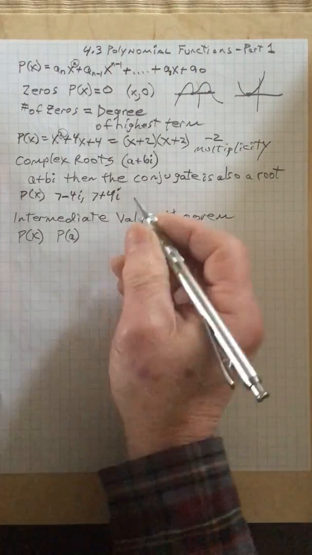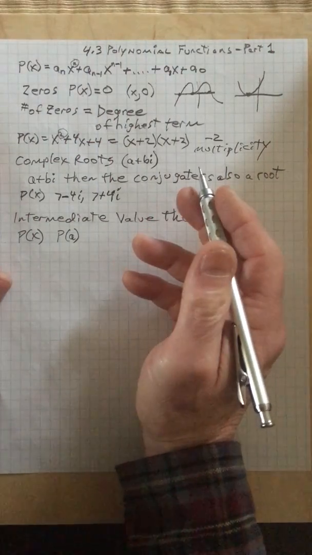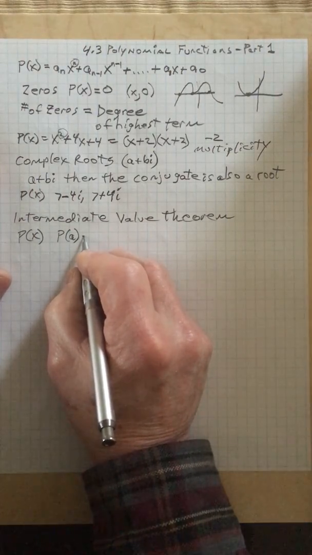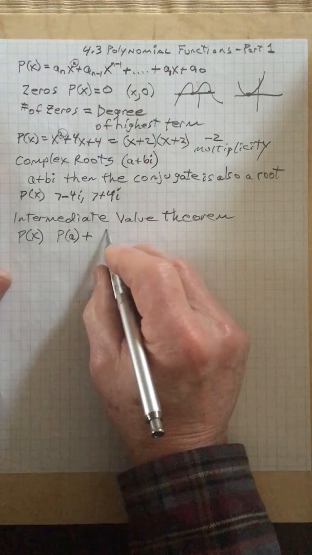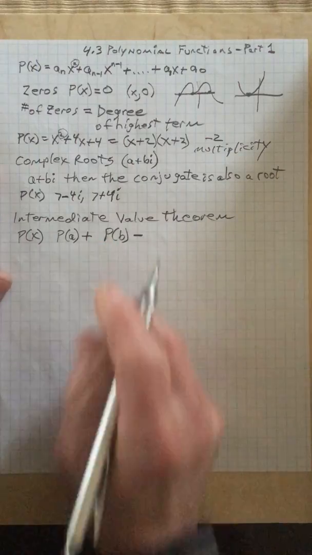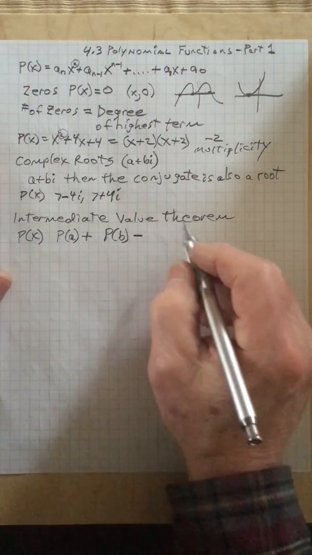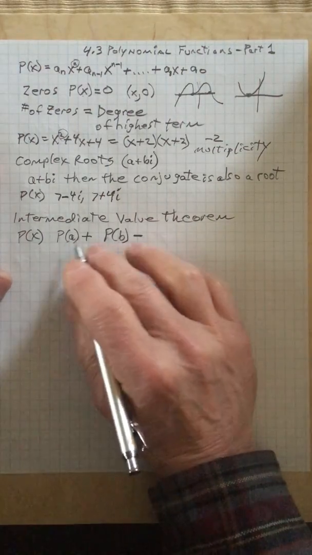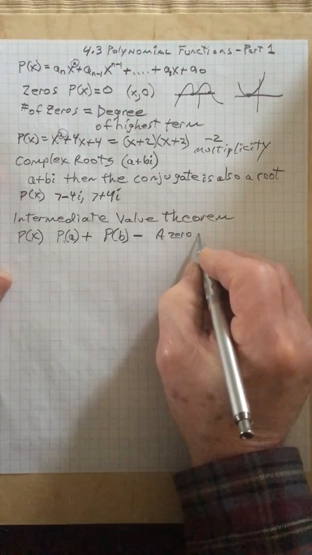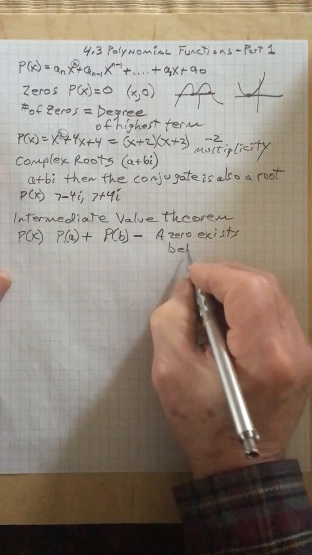Let's say I check it at some value of a, maybe it could be p of 4, 5, whatever. Anyways, if that comes out to be positive, and I test another value, and it comes out to be negative, or vice versa. In other words, one's above the axis and one's below the axis. Well, then obviously there's a 0 between these two. So just a 0 exists between them.